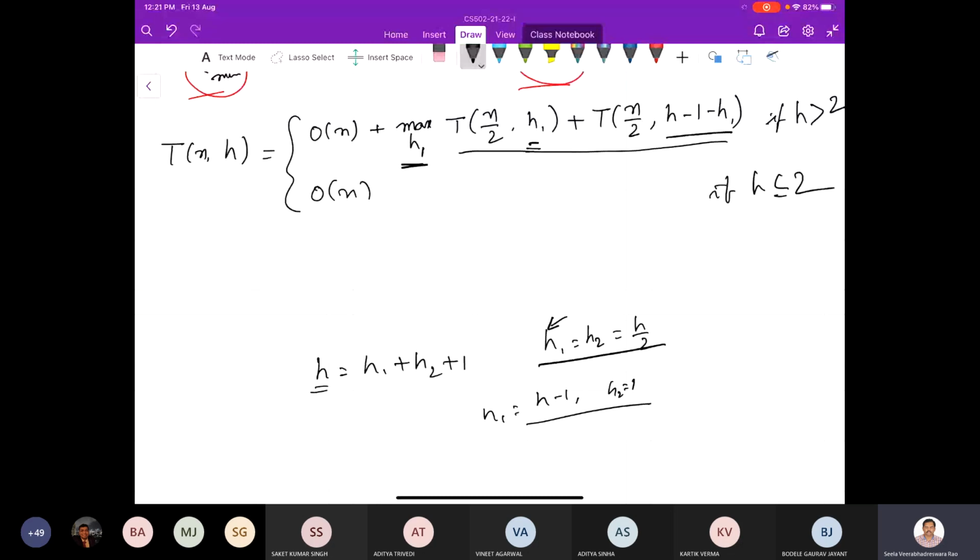So any question on the recurrence relation? If the recurrence relation is clear to everyone, now if you solve it.